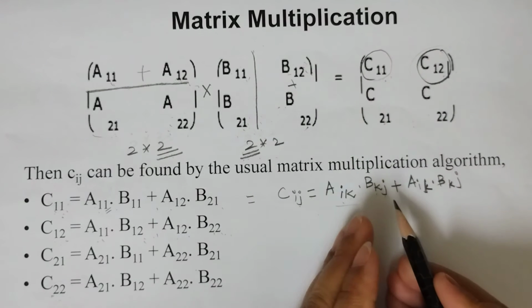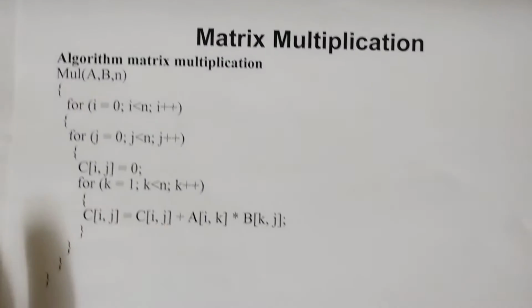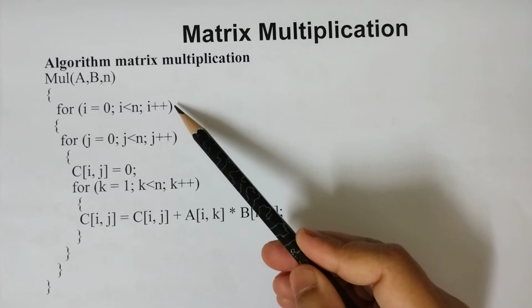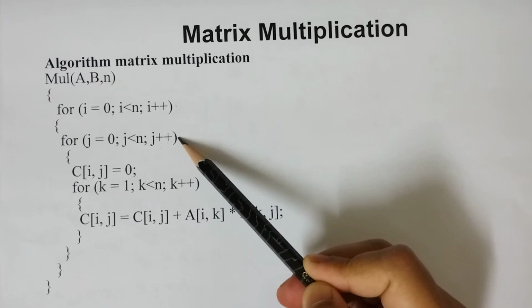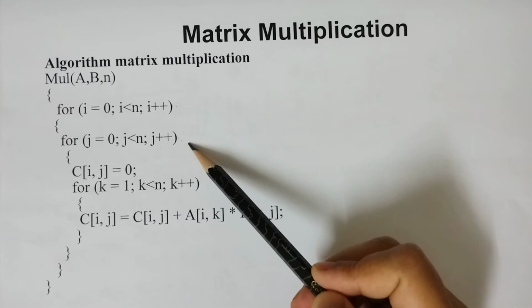Right, now based on this we are going to write an algorithm for matrix multiplication. So how do we write the algorithm for matrix multiplication? Here is an algorithm, you can see. In this algorithm, first I used a for loop. And how many for loops am I using? Two for loops. Why am I using two for loops?